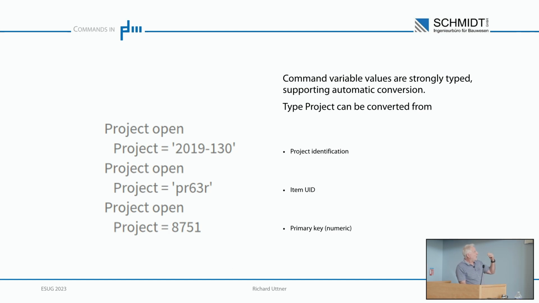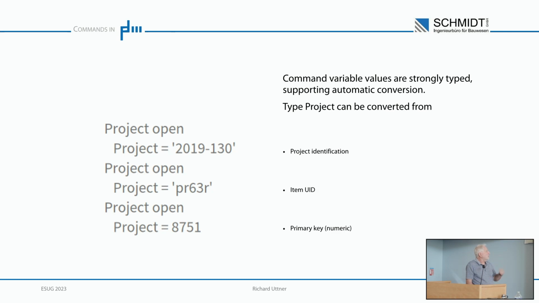The second line shows a way that is specific to our application, because for each item that we can see, we have a so-called item UID that includes a small type prefix and a simple value that is encoded in a base 64 encoding that we are specifically using for that.